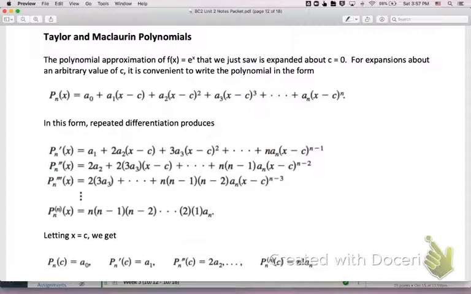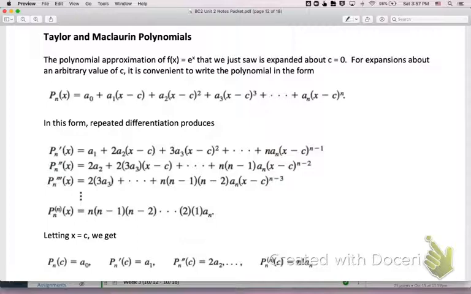We have a sub 0 plus a sub 1 times x minus c plus a sub 2 times x minus c squared, and so on, however many degrees you want to go. When you do repeated differentiation here, if you look at the pattern of what is happening, you can see every time that constant is going to be dropping out.